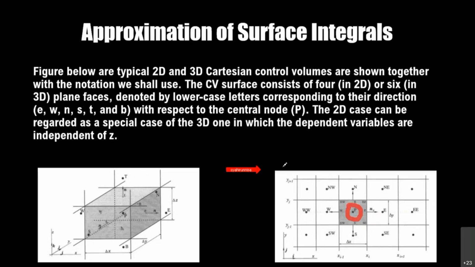However, I will just touch on a few things that I found important at one particular point. So in this typical CV, the face is labeled as E, which will be considered as an analog expression that may be derived for all faces by making appropriate index substitution.